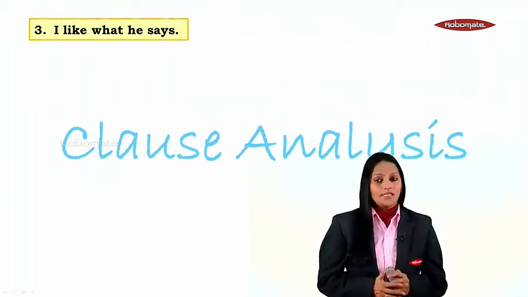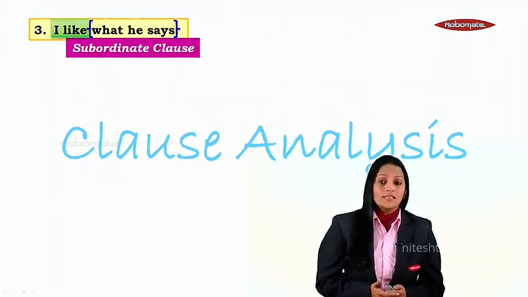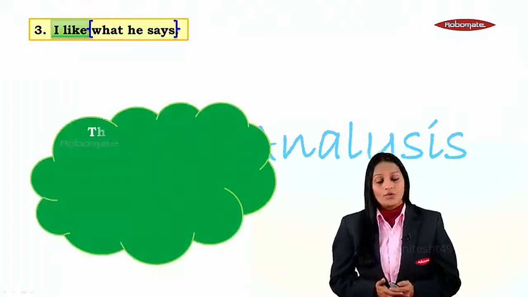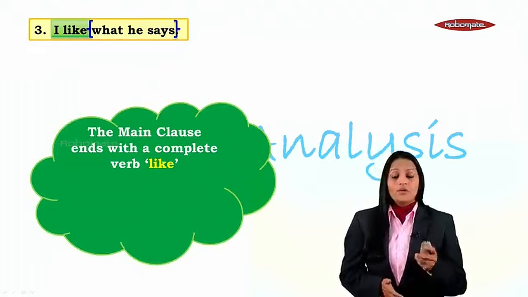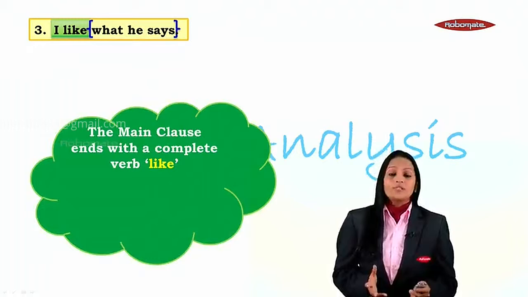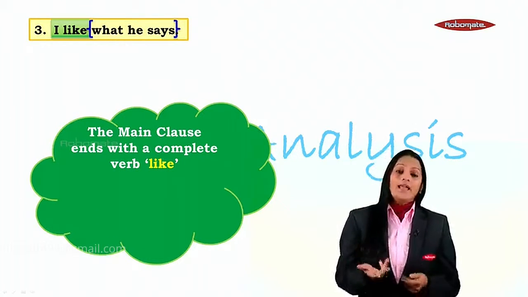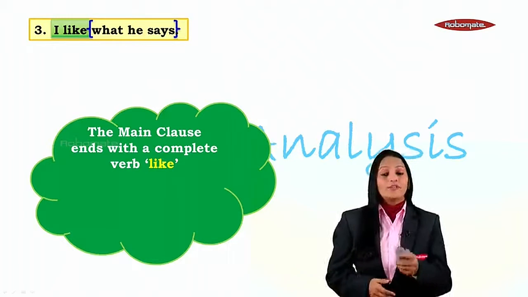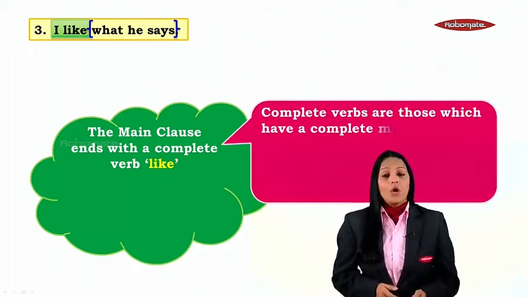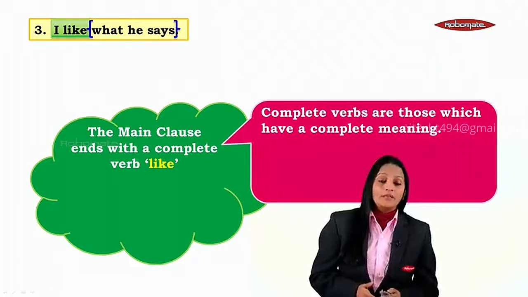Now we go on to the next one. I like what he says. Again, we know that I like is the main clause. What he says is the subordinate clause, and of course it is a noun clause, as I've already told you. Now here the main clause ends with a complete verb, like. Students, I like. Here, compared to the verb is, like makes complete sense. Therefore it's a complete verb. And what are complete verbs? Complete verbs are those which have a complete meaning.